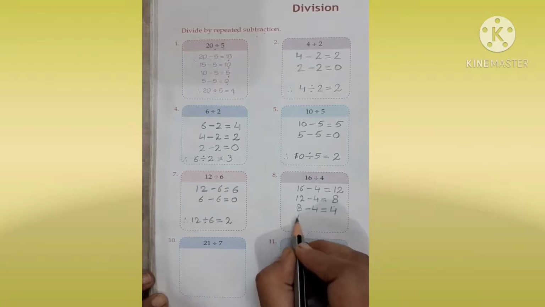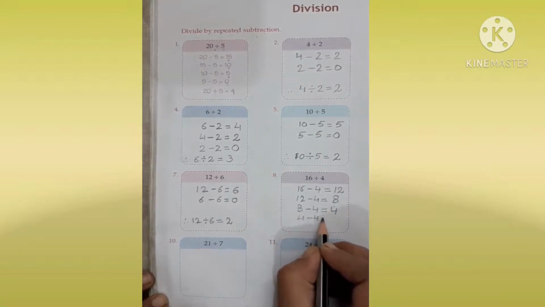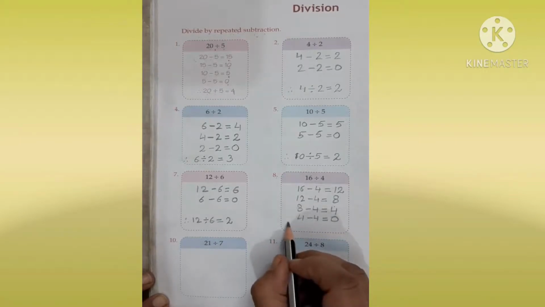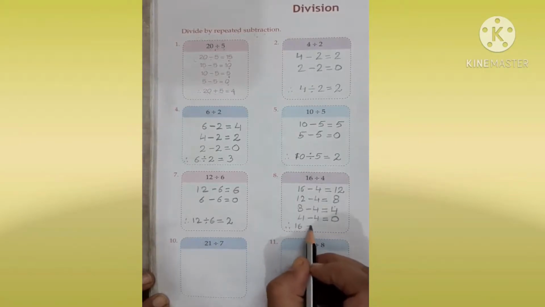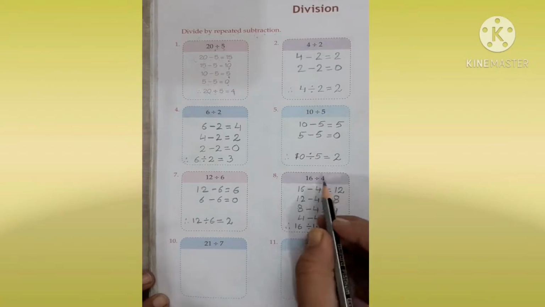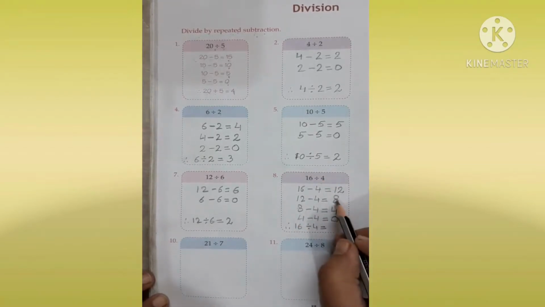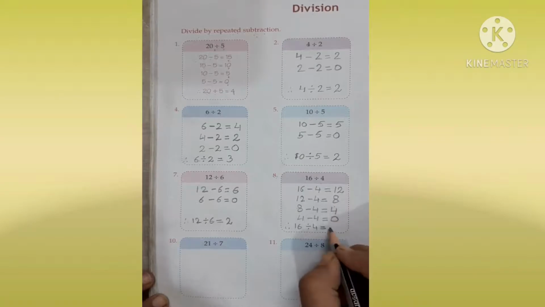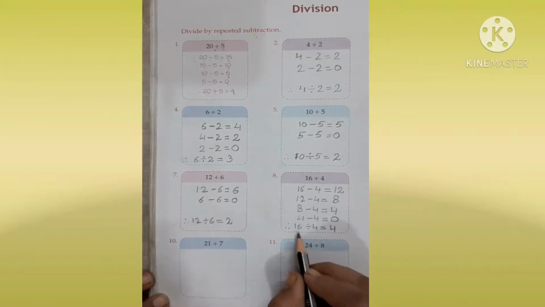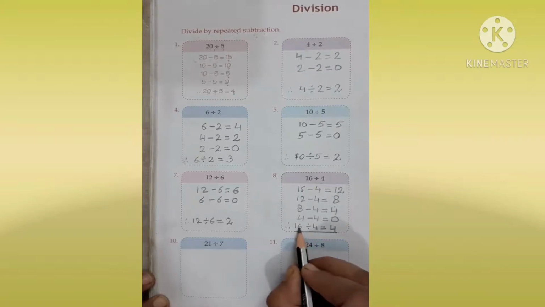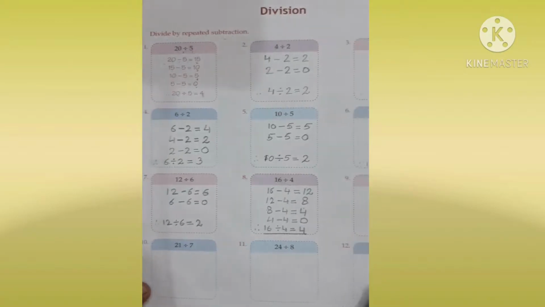This 4 here. 4 minus 4 is equal to 0. So, 16 divided by 4 is equal to 1, 2, 3, 4. 4. So, 4 4s are 16.